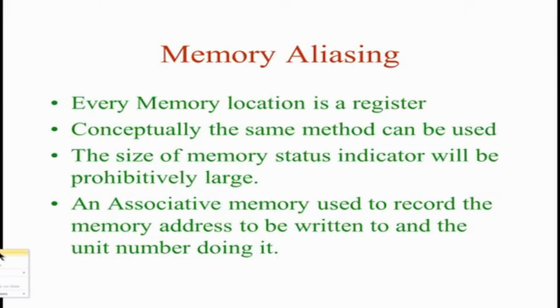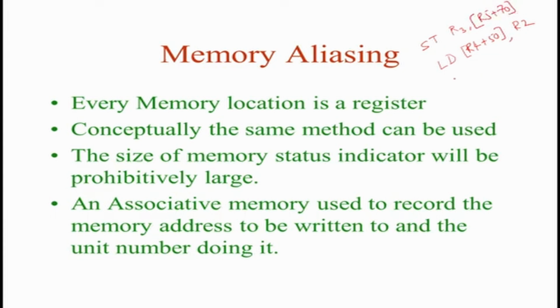Fine. Now come to your question. What is memory aliasing? We have already seen this memory aliasing. Now I have load R4 plus 50 comma R2, store R3 to R5 plus 70.